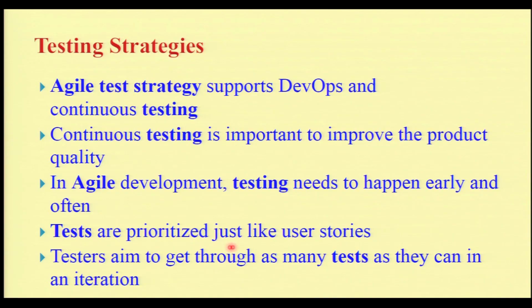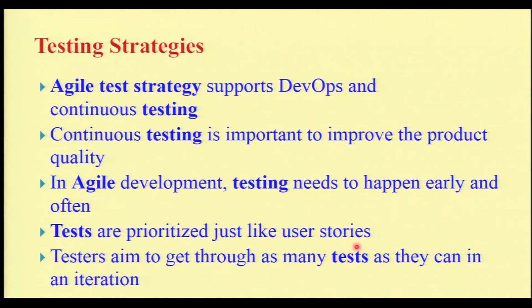Then only the customer will be satisfied, and only then will your minimum marketable feature work. So, continuous testing is followed in these agile testing strategies, and it is important to improve the product quality. In agile development, testing needs to happen early and often. Tests are prioritized just like user stories.